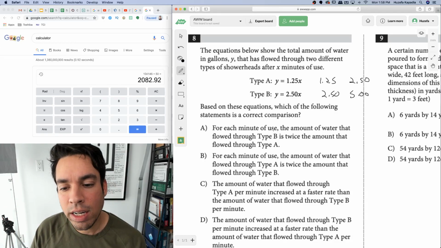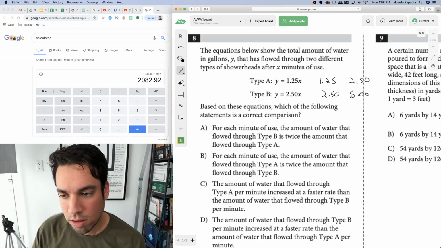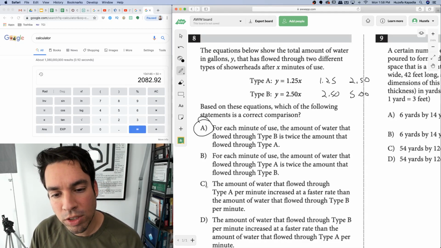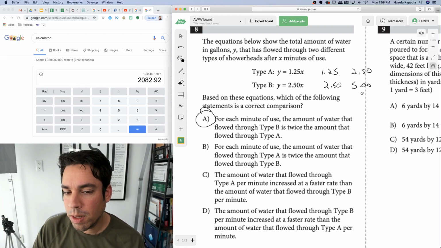All right, for each minute of use, the amount of water that flowed through type B is twice that flowed through type A. Yes, that's true. Because, right, every time it's 250 versus 125. So this is probably true. Let's see the next one, make sure.